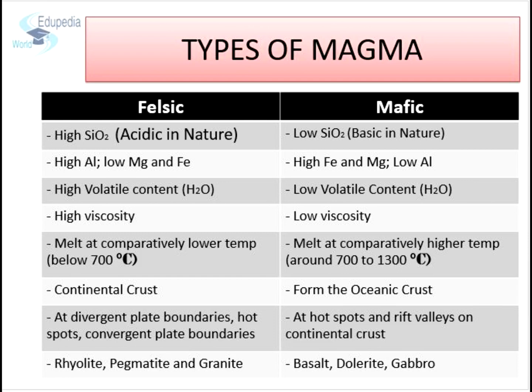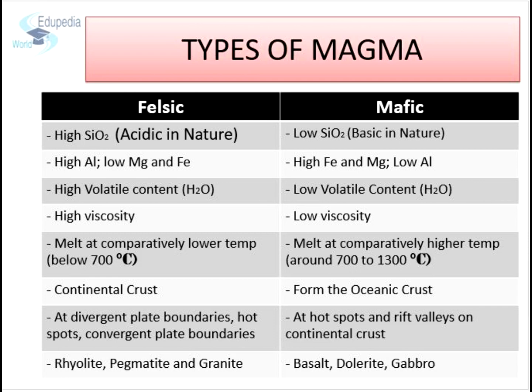Felsic magma is generally viscous as compared to the mafic magma. Felsic magma melts at comparatively lower temperatures, that is below 700 degrees Celsius, while mafic melts at comparatively higher temperature, around 700 to 1300 degrees Celsius.